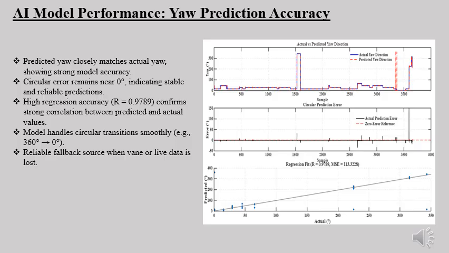The regression fit is about 0.978, which means the model explains roughly 98% of the variation. Overall, this confirms that the AI model is accurate enough and acts as a backup source when other inputs fail.